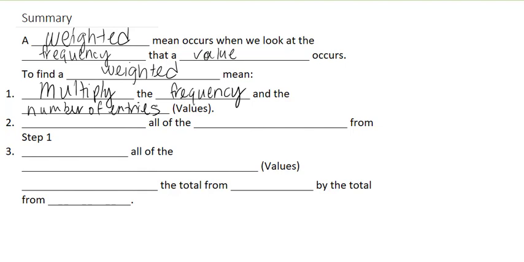Then the second step is to add up all the answers from step 1. Then the third step is to add all the numbers of entries.